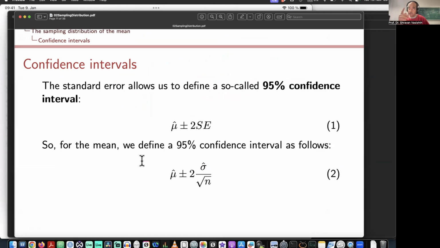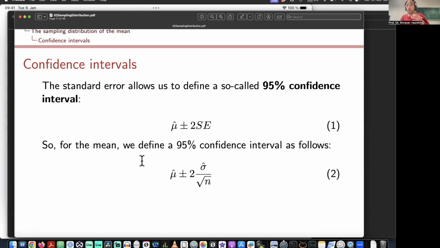So where that comes from is that, remember, I just said that the sampling distribution of the means is going to be normal, with some mean mu and some standard error sigma over square root of n, right? This is the true distribution of the sampling distribution of the means that we are estimating.